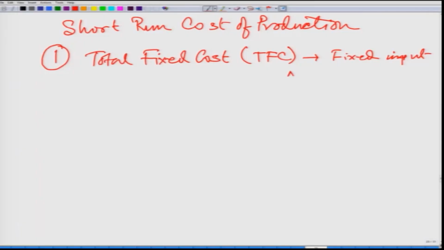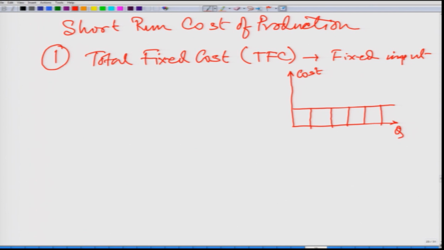So a total fixed cost curve will look like a straight line parallel to the x axis, where the x axis shows the quantity and the y axis shows the cost. That means when I increase my quantity, my cost remains the same. This is the fixed cost because my fixed input is not changing at all.